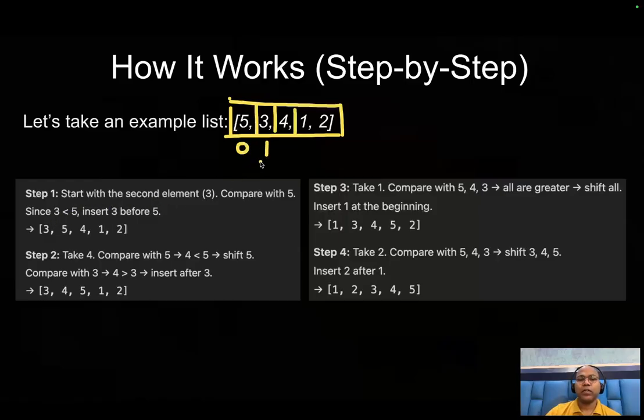You take the three and compare with the first one. Three is less than five, yes or no? Should it be inserted before five? You say yes, then we have to swap them. Now our array becomes 3 5 4 1 2, right?